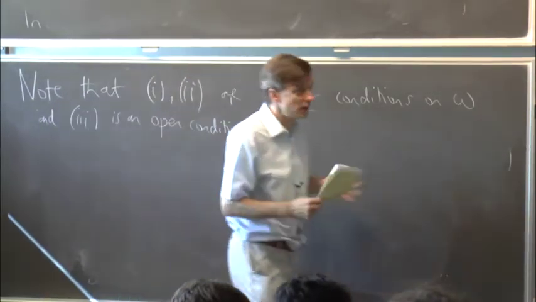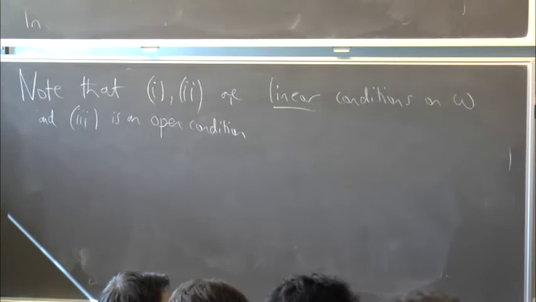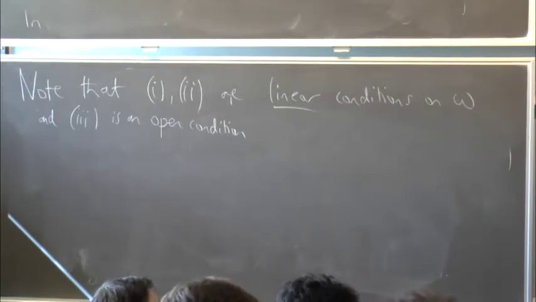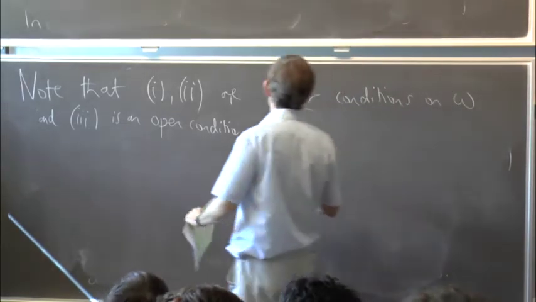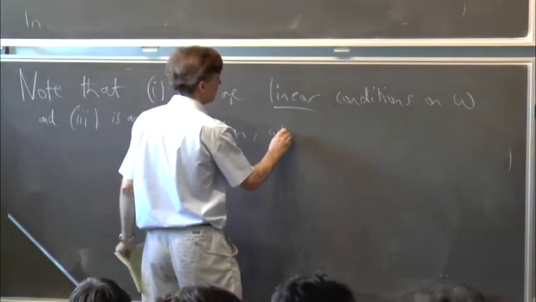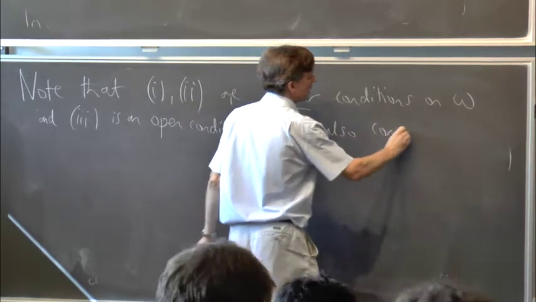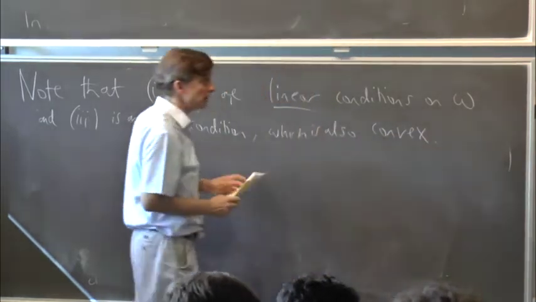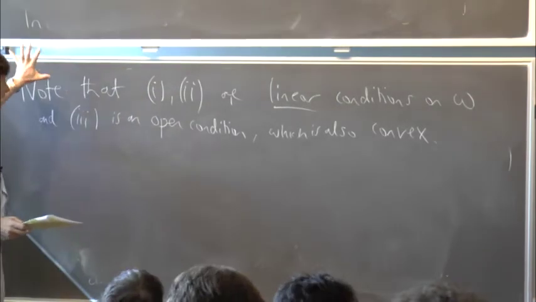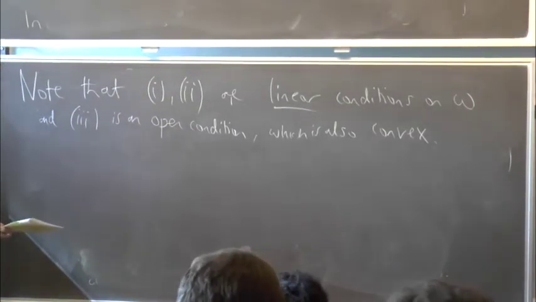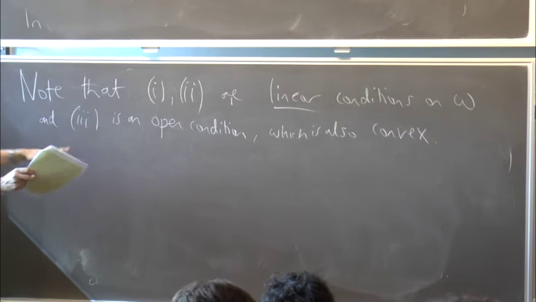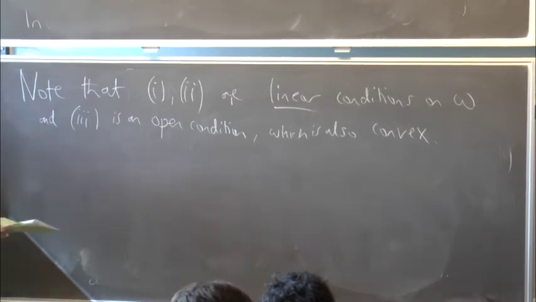Well, open, let's say, in the C⁰ topology on 2-forms omega, which is also convex. So these omegas satisfying 1 and 2 lie in a vector space, and then the set of solutions to 3 is a convex subset of that vector space.